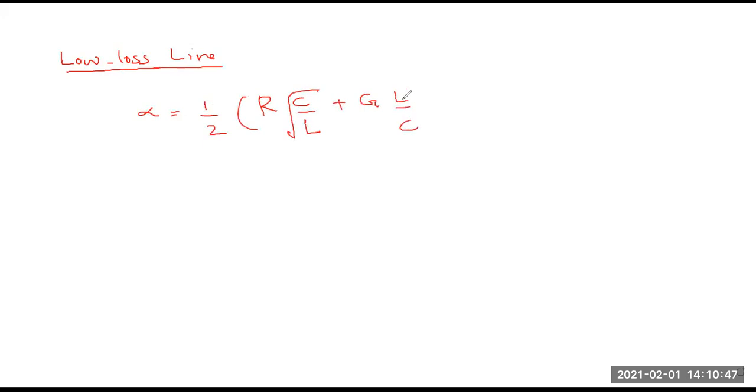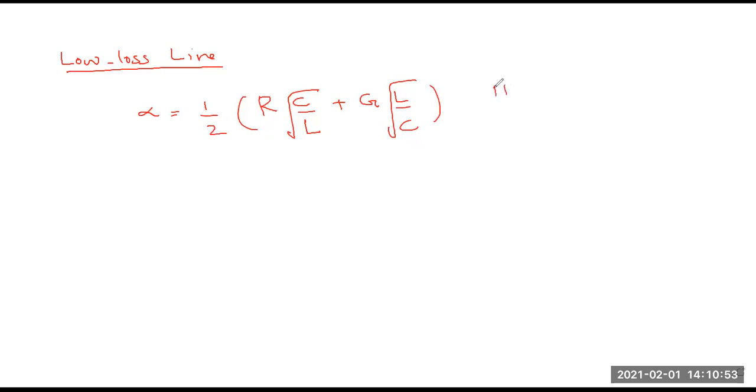What we concluded last time was that if there is a low loss line, then its attenuation constant is computed using this expression: alpha is approximately 1 by 2 times (R times square root of C by L, plus G times square root of L by C).